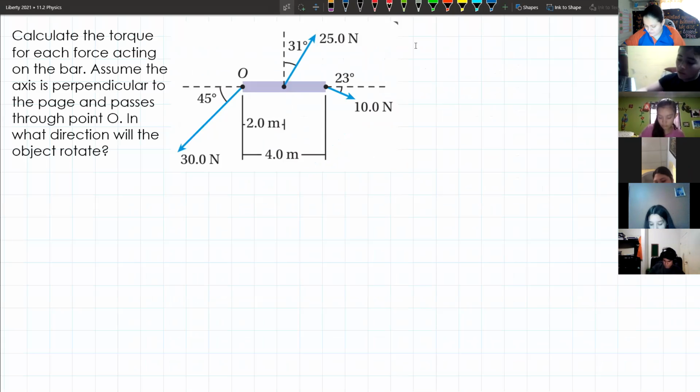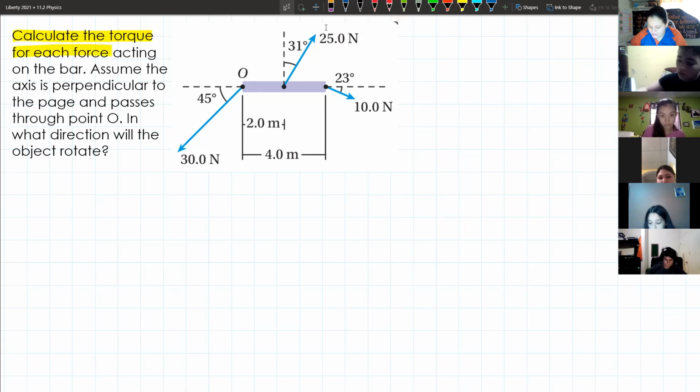Now take a look here. It says calculate the torque for each force acting on the bar. Assume the axis is perpendicular to the page and passes through the point O. In what direction will the object rotate? So here the problem is telling me first that I need to calculate the torque for each force. That is the first indication, okay?